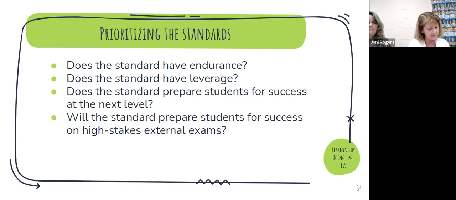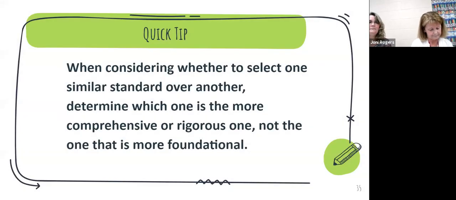Our next one. A quick tip, when considering whether to select one similar standard over another, you need to determine which one is the more comprehensive or rigorous one, not the one that is more foundational.